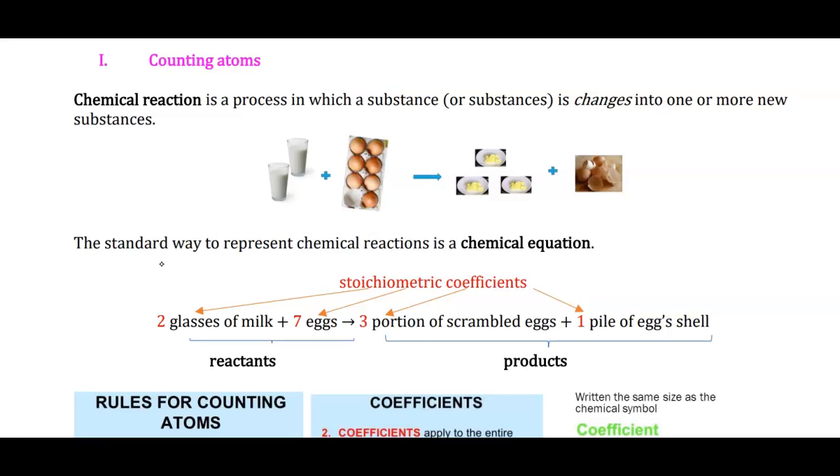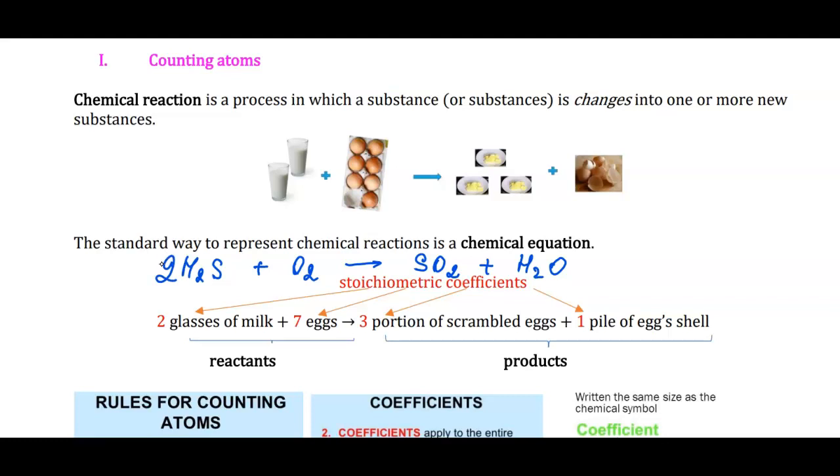Let's say H2S plus O2 gives us SO2 plus H2O, right? And we need to balance it.